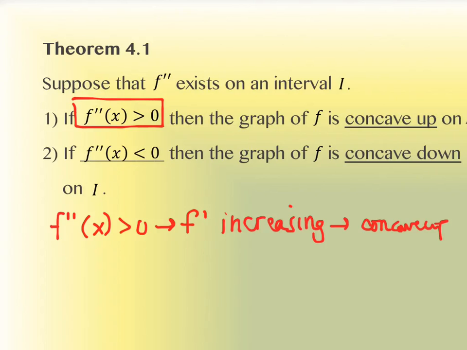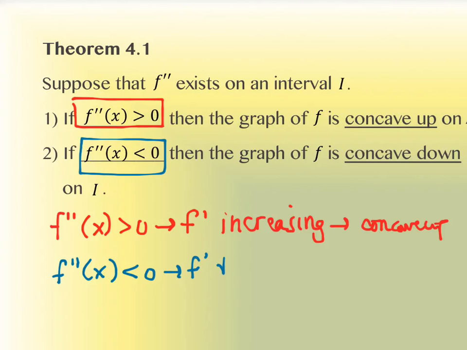And we can do the same thing on the second line here. We can talk about the second derivative being negative. If the second derivative is negative, then the first derivative is doing what? Decreasing. And if your derivative is decreasing, then you have a graph that is concave down.